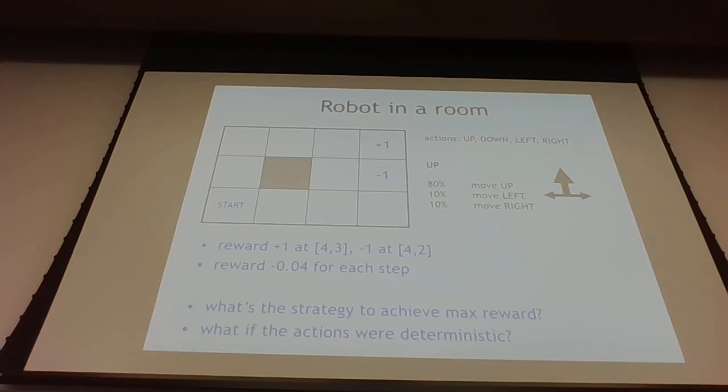So they take this example of robot movement. There are these boxes, and this robot starts at the start point. Now remember, this is a stochastic process.